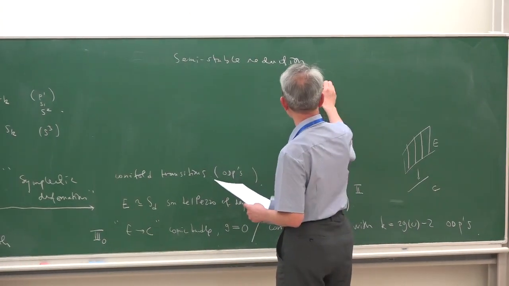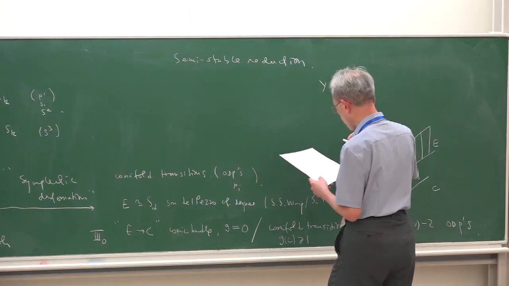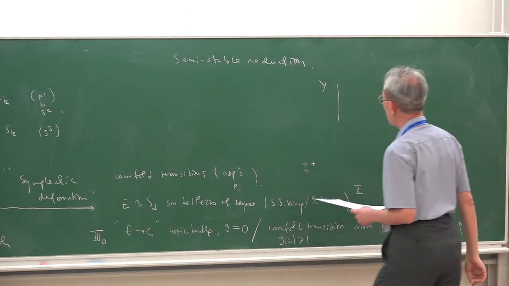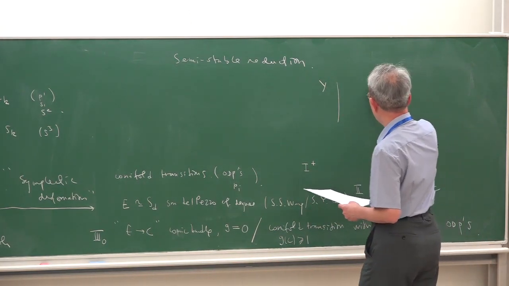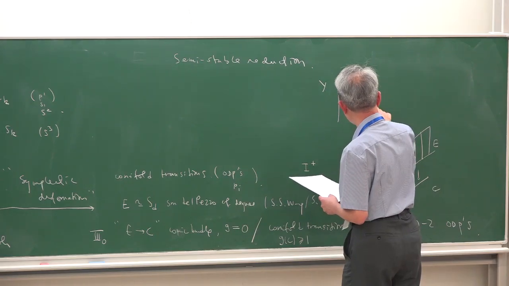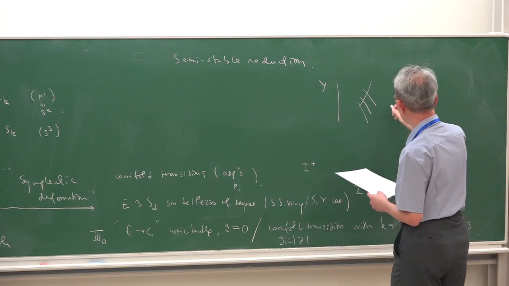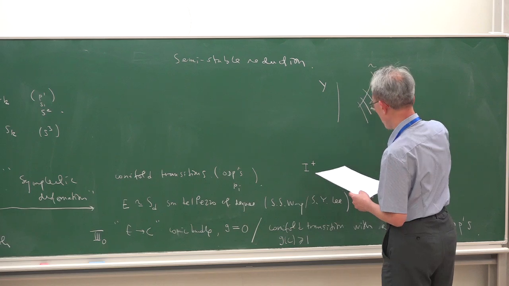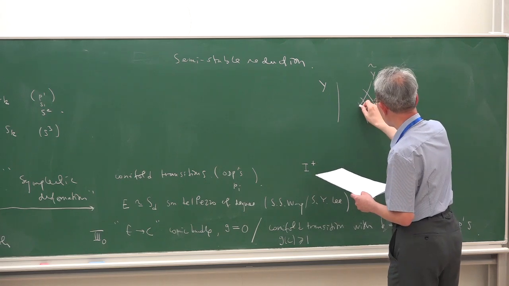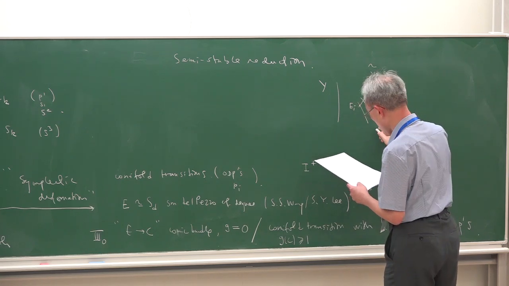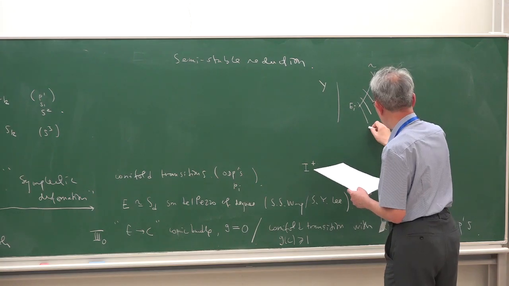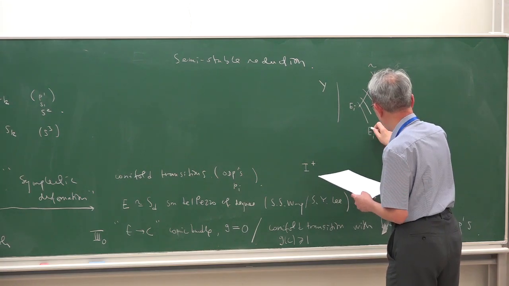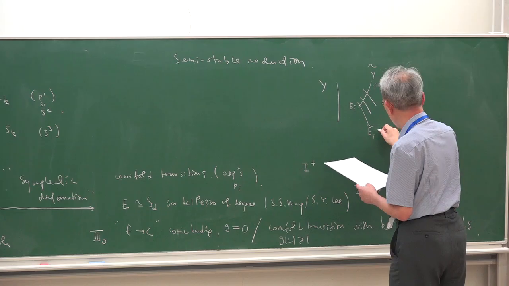So what you get is Y is a general fiber, and the deformation to normal cone will split into Y tilde. I will write down what's that, and the intersection will be ER. And here the other component will be EI tilde, which is the local model.